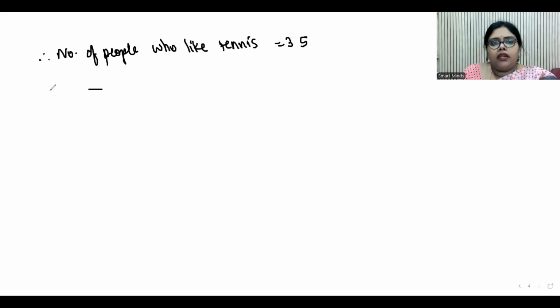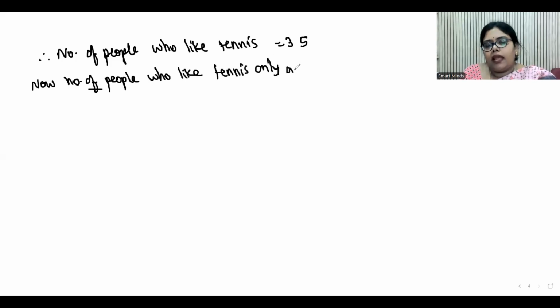Therefore, the number of people who like tennis is 35. Now what do we have to do? We should find the number of people who like tennis only and not cricket.